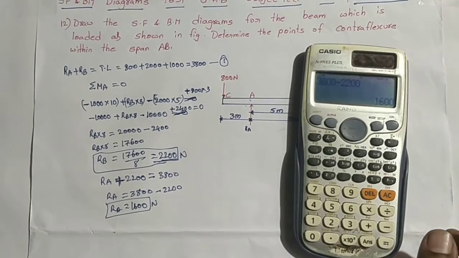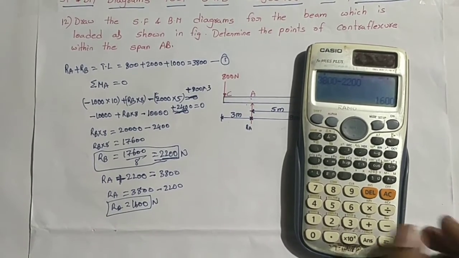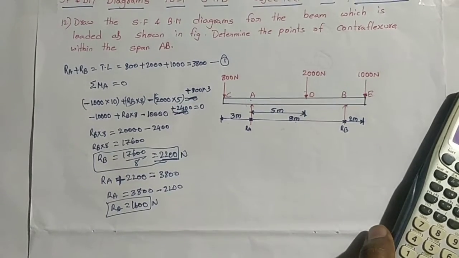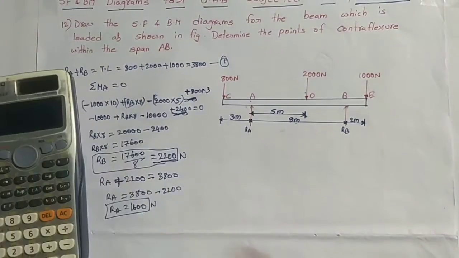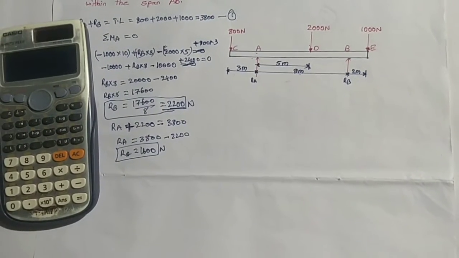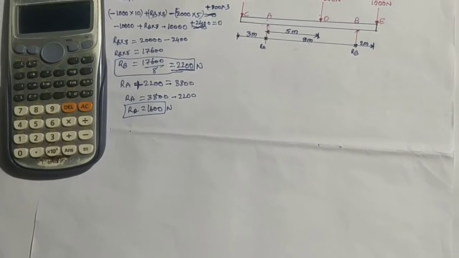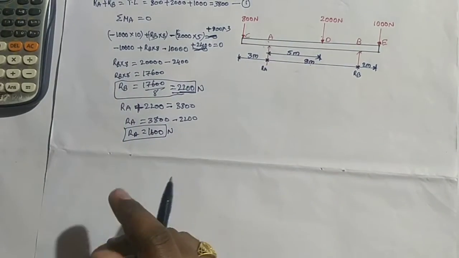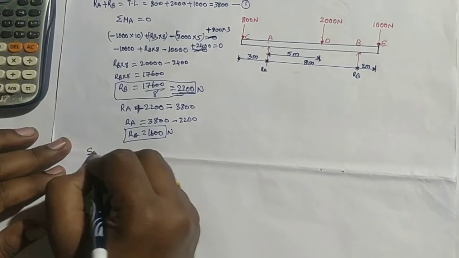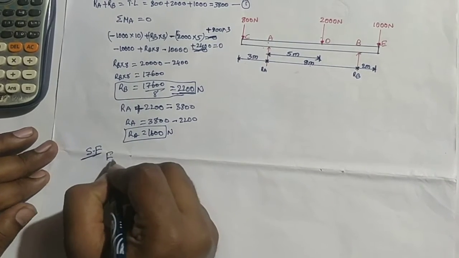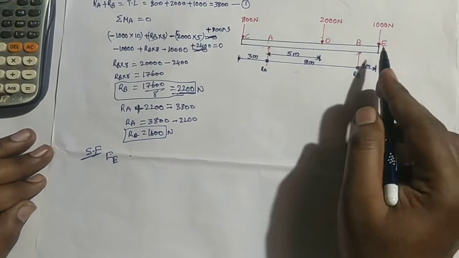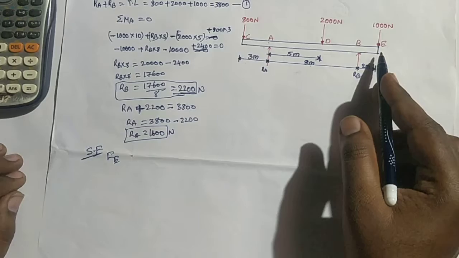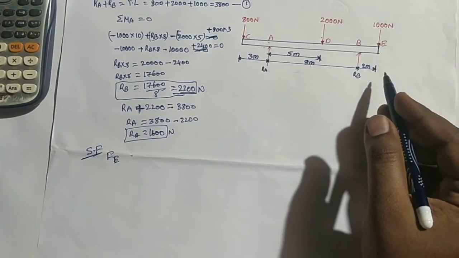Next we need to calculate shear force values at points A, B, C, D, E. Now we have calculated the reaction forces. Next we need to calculate the shear force at point E. At point E there is a load, so we need to calculate before and after the load.